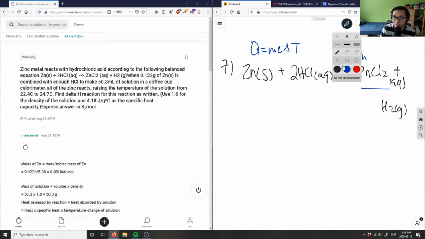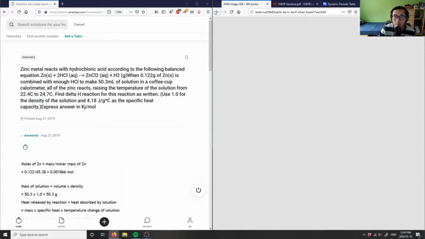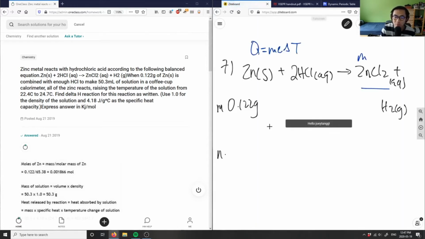In order to do that, we have to do a mole to mole table. So for zinc, I'm starting here with 0.122 grams. This is the mass, so I have to convert this into moles. Moles equals mass over molar mass.